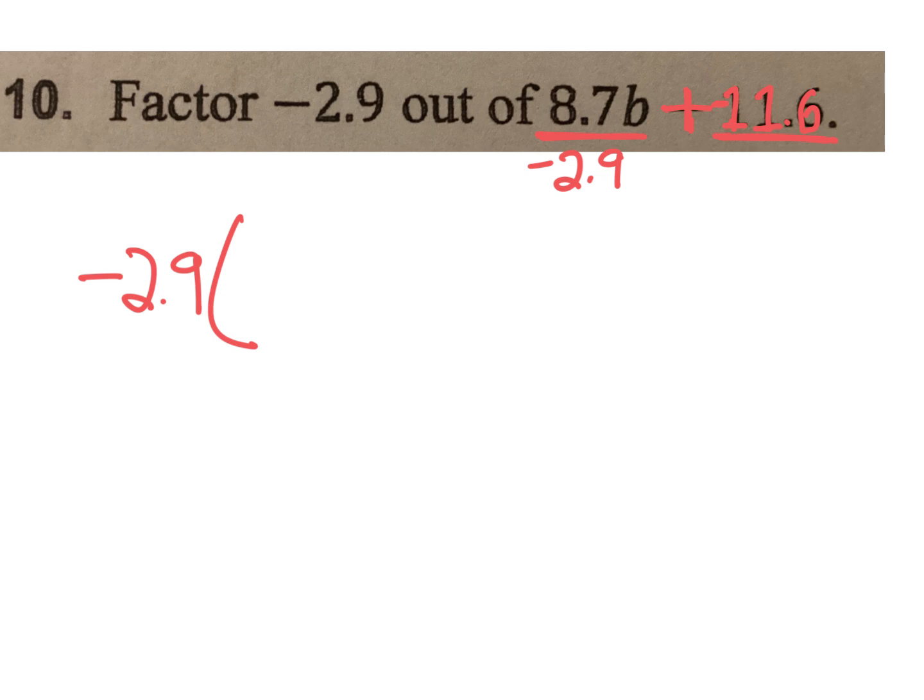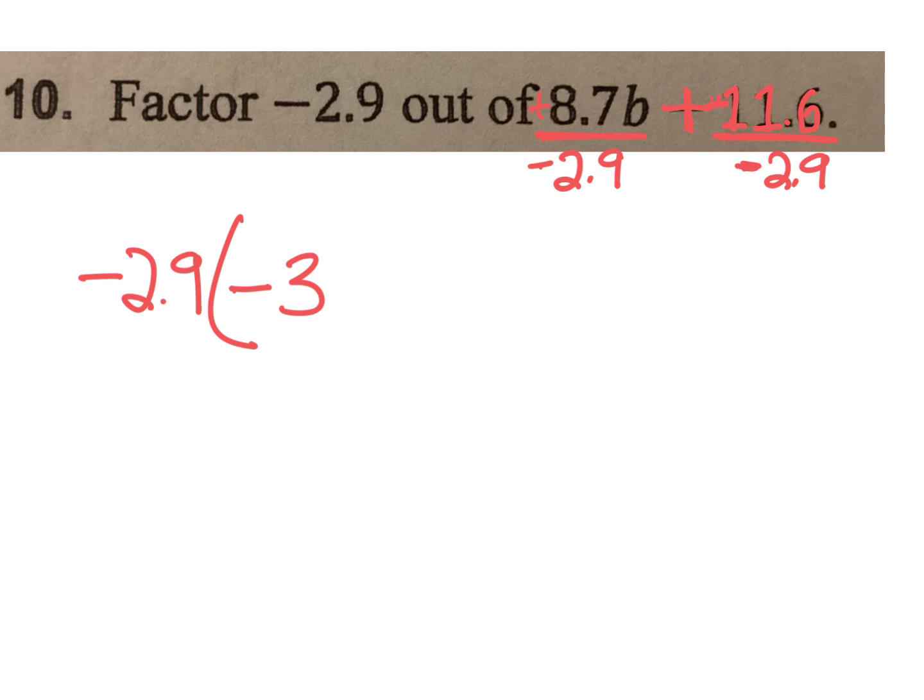So if we go 8.7 divided by 2.9 equals, it's 3, but it's a positive divided by a negative. So that's always going to be a negative. And then I divide this term by negative 2.9. And when I divide a negative by a negative, it's going to be positive.